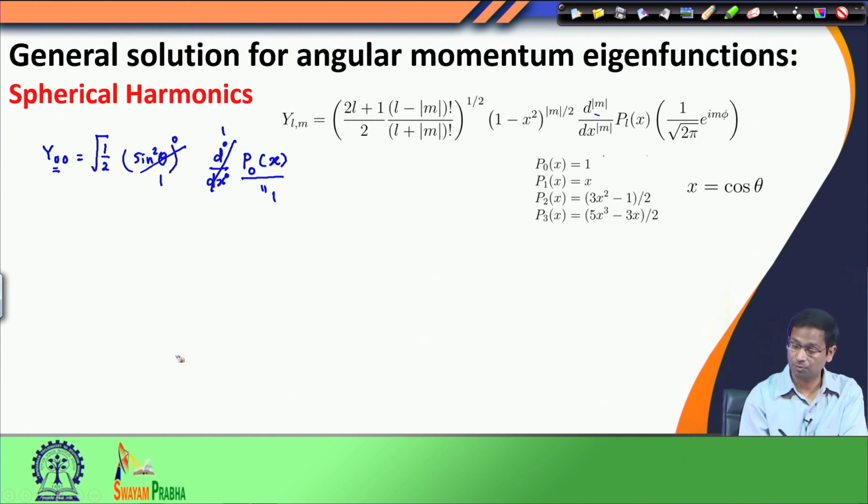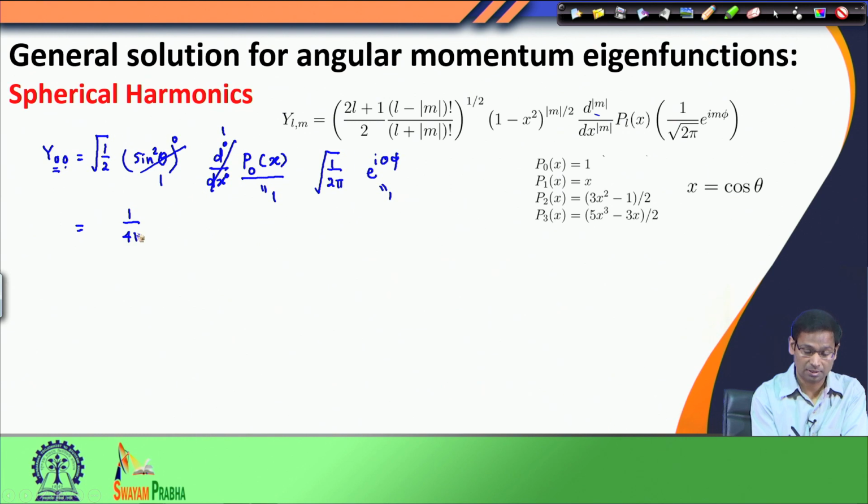So, this is also 1, and finally, I have this last term, the T term, 1 over square root 2 pi e to the power i m phi, and m is 0. So, e to the power i 0 phi, and this term is also 1. Now, when I collect the terms that are left here, I would have 1 over 2 under square root, 1 over 2 pi under square root, and this is 1 over 4 pi under square root.